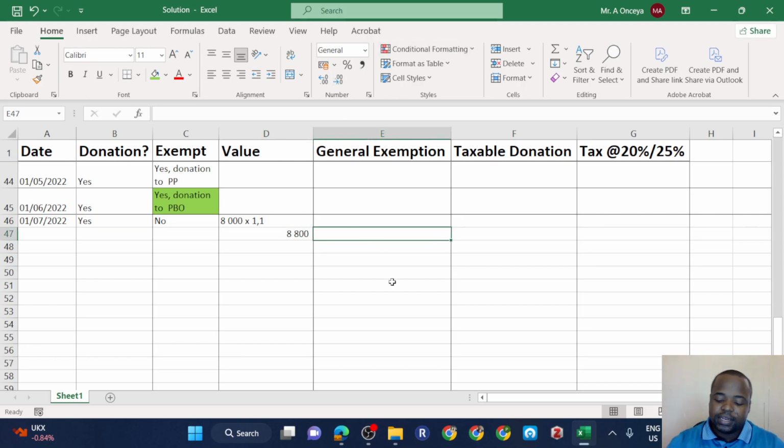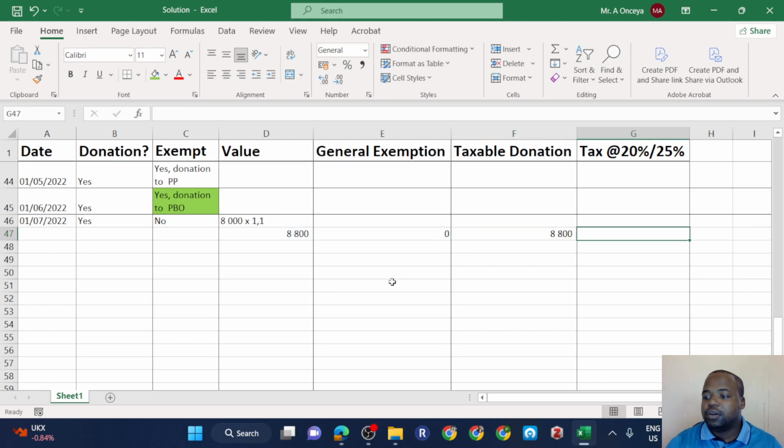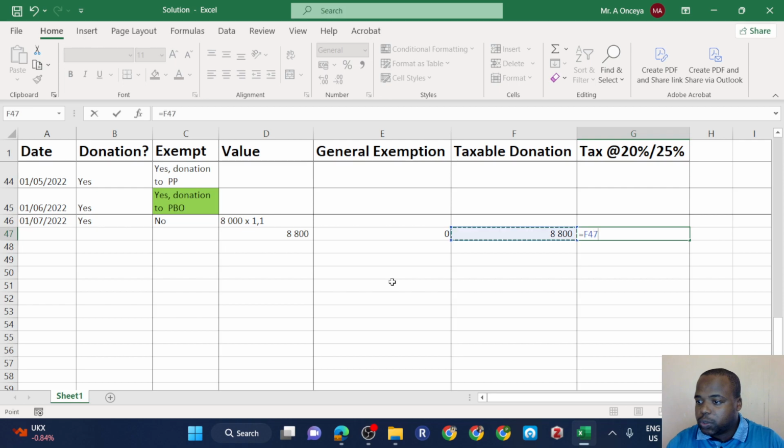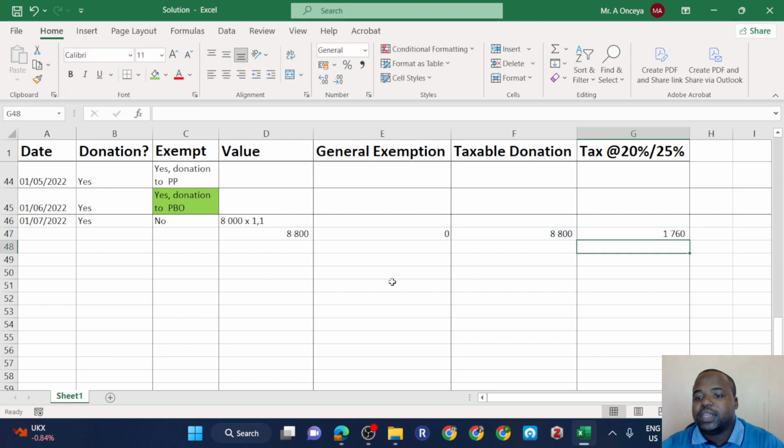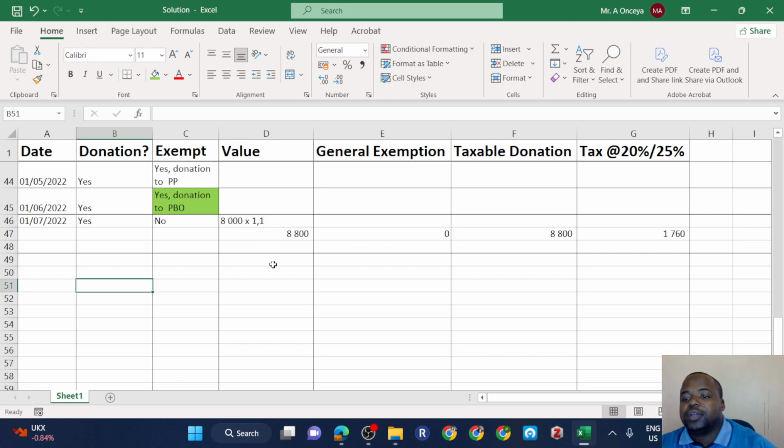Then he's used up his exemption, so the total value is still 8,800 rands, and he'll get taxed at 20% of this, which is 1,760 rands, not 1,706 rands.